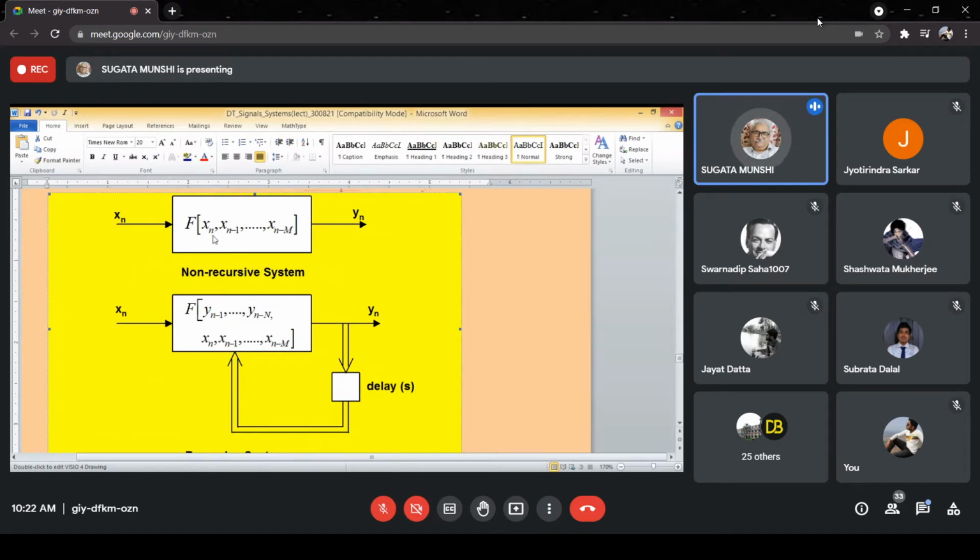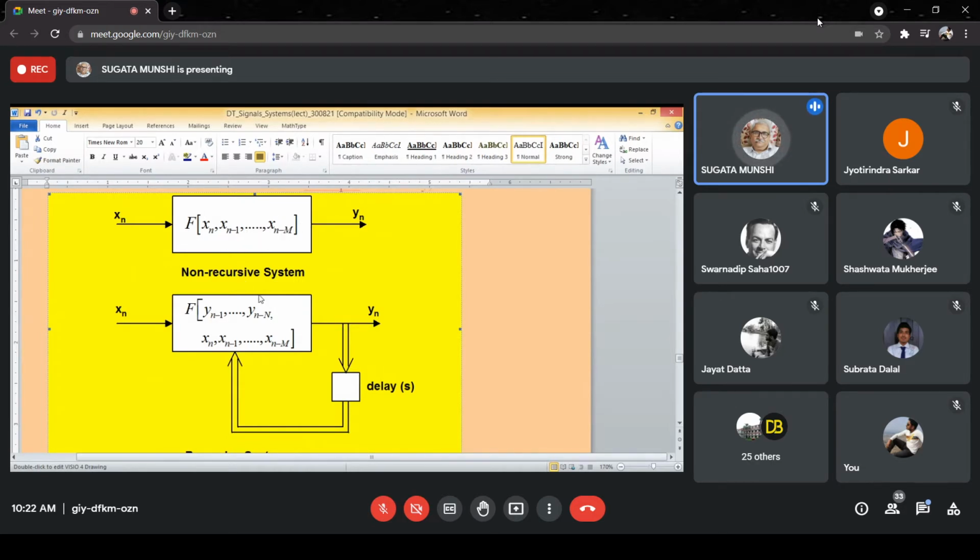The system processes the samples. First, the non-recursive system. The system processes the current and previous m number of input samples at every instant of time to yield the output.